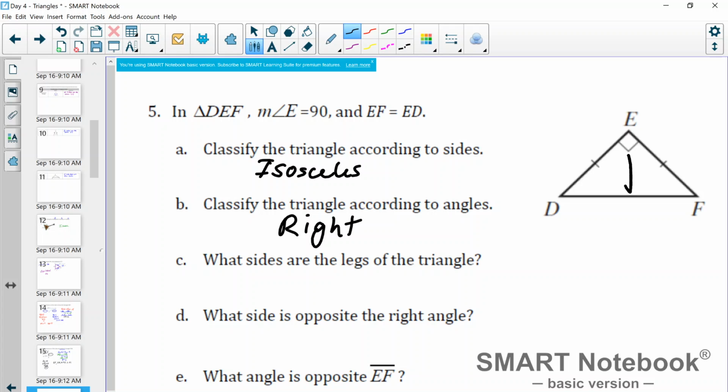So this means the side across from it is the hypotenuse. So the other 2 are going to be leg and leg. So the legs are DE and EF. Those are the legs. And the side opposite the right angle is going to be DF, the hypotenuse.